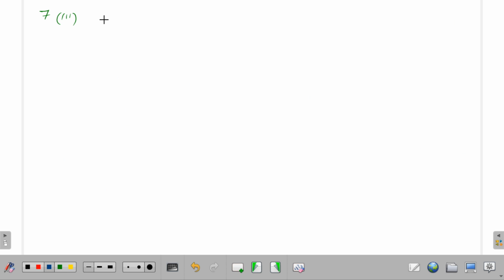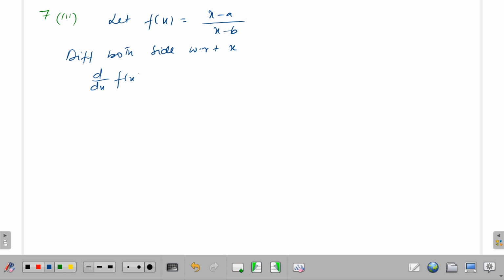Question 7.3, let me just say that is given to be, let your f of x is equal to x minus a divided by x minus b. So same thing, differentiating both sides with respect to x, I'll be getting here d by dx of f of x, and I'll be getting here d by dx of your x minus a divided by x minus b.